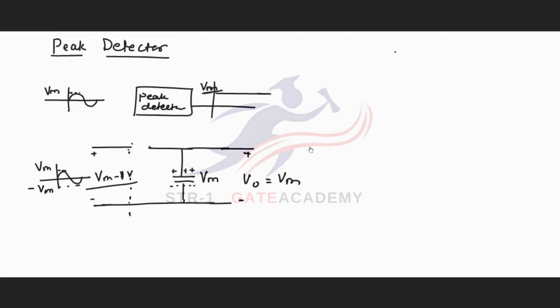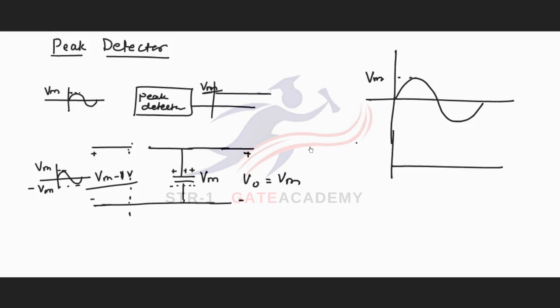So the waveforms are like this. This is the input waveform with positive peak Vm, and we'll draw the output waveform. Initially, the capacitor voltage rises with the input voltage. When the input reaches its maximum equal to Vm, thereafter the output voltage or capacitor voltage remains constant.